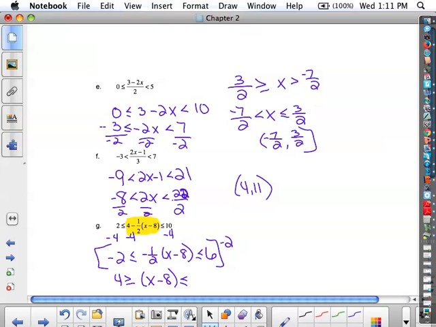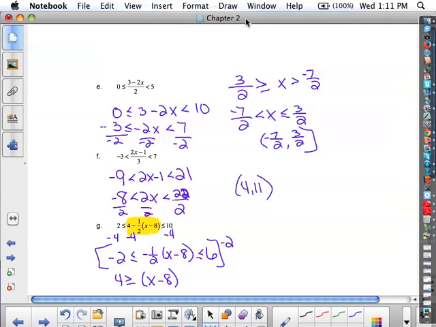Sorry, I need to reverse that. Then 6 times negative 2 gives me negative 12.